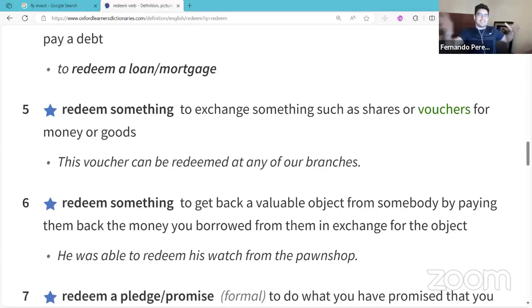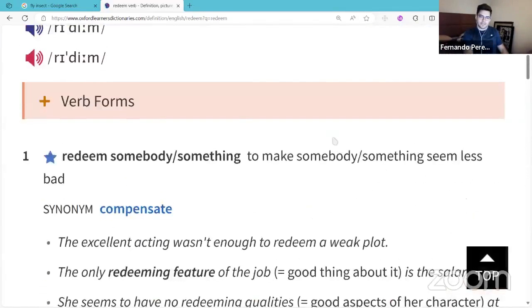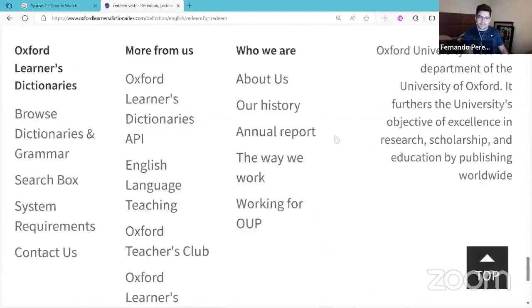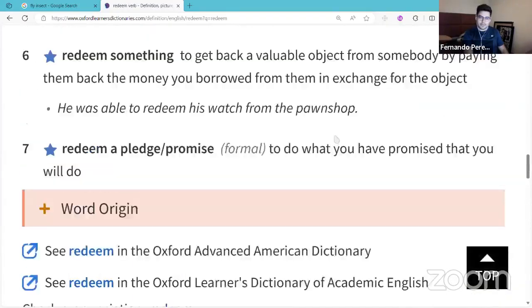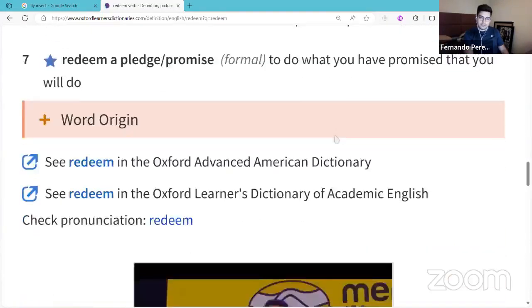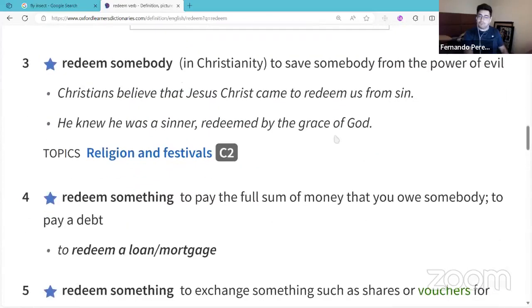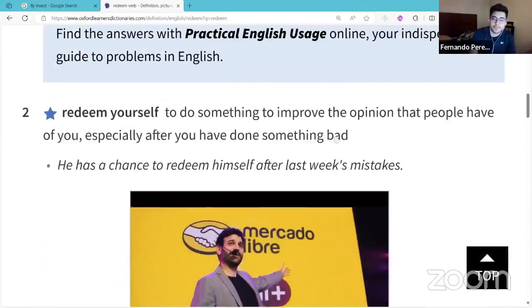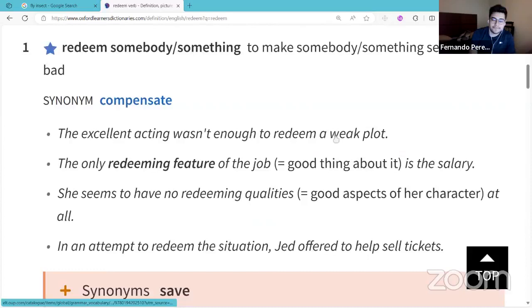This design is changeable. Okay. New stuff. So redeem is a new verb. Let me check the level. There's no level here. Probably it will be C2.